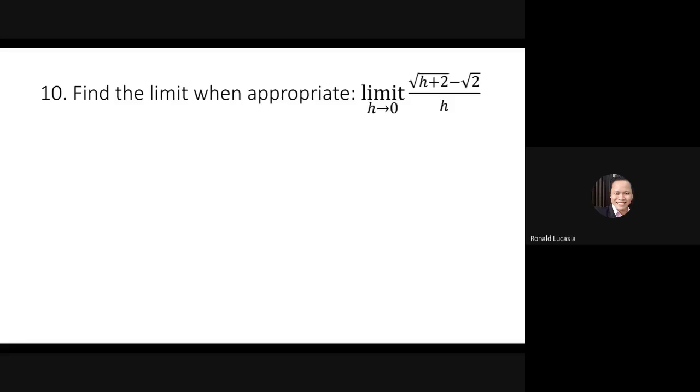So express your answer in fraction. But if your answer is in decimal, it's okay. If you don't know how to start, you have no choice but to rationalize the numerator. So you multiply the numerator and the denominator by the conjugate of the numerator.